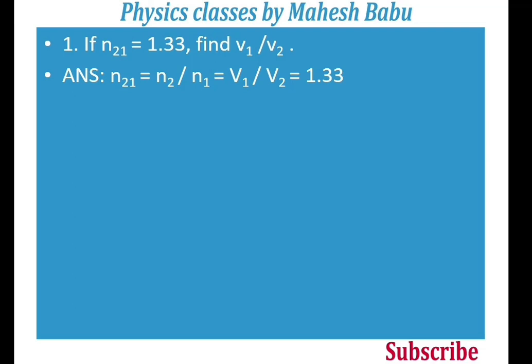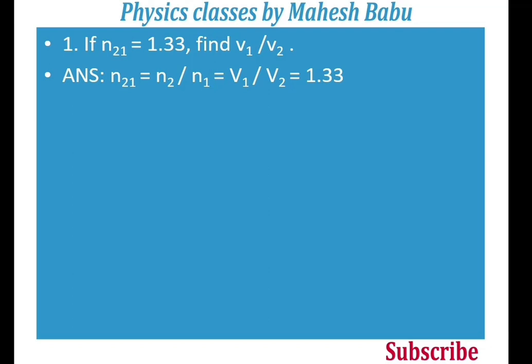So N21 we can write as N2 by N1, and that is equal to V1 by V2. In the question they gave N21 as 1.33, so that is equal to V1 by V2.